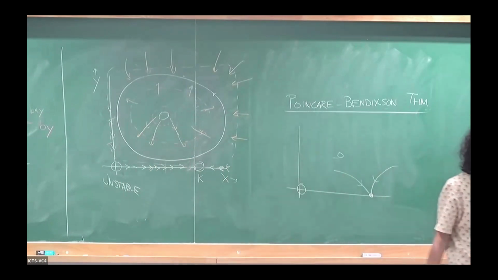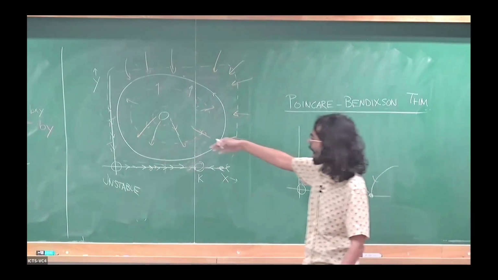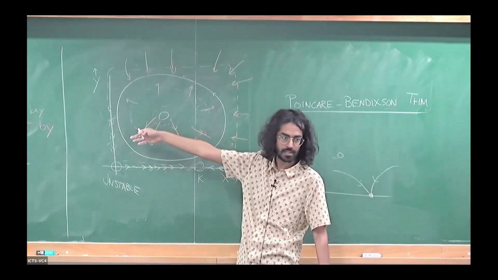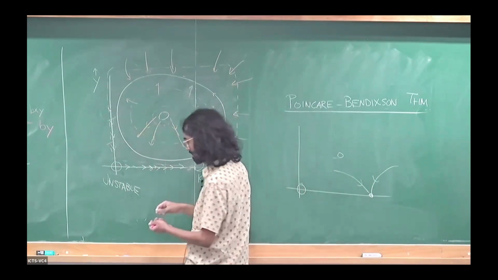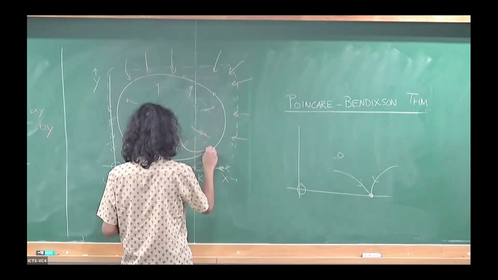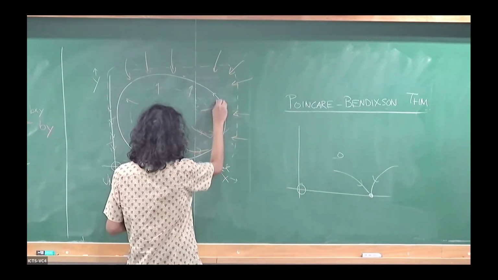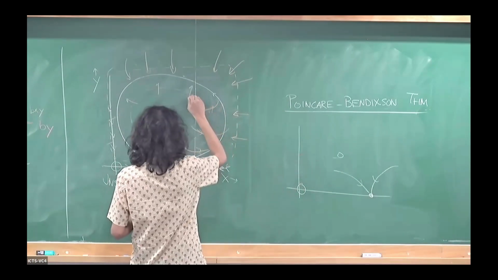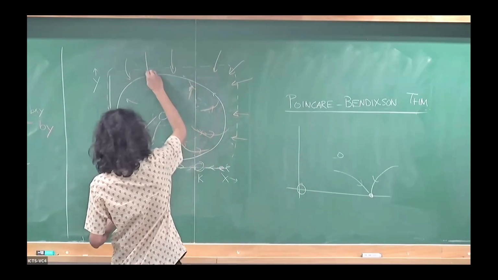And so depending on how you choose your parameters, you'll either get limit cycle oscillations of this kind, or you'll get things that die where the predator always dies.